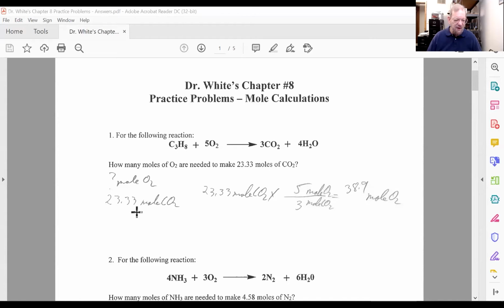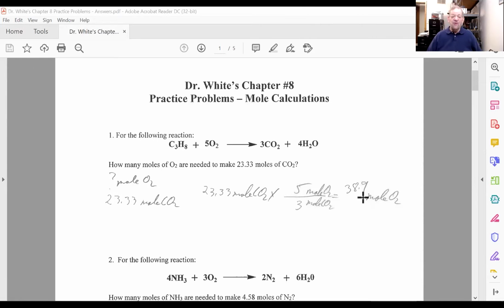What are you given? Moles of carbon dioxide, CO2. And here we have that number. That's all we have to work with. What units are we trying to get to? Moles of oxygen. And here, use your good buddy, your good friend, unit analysis.